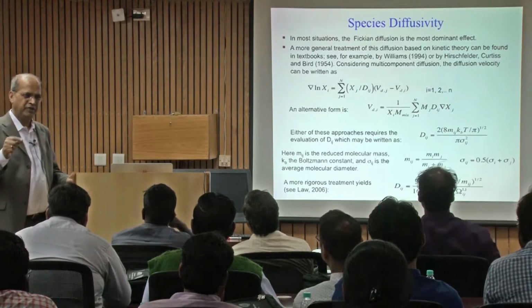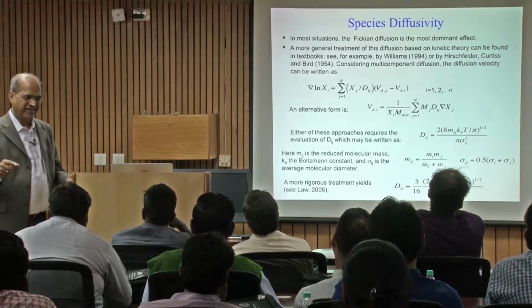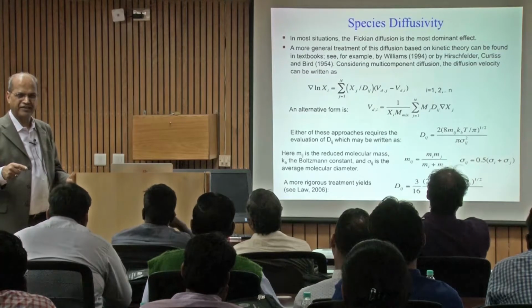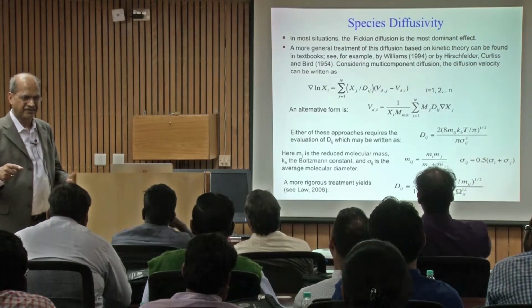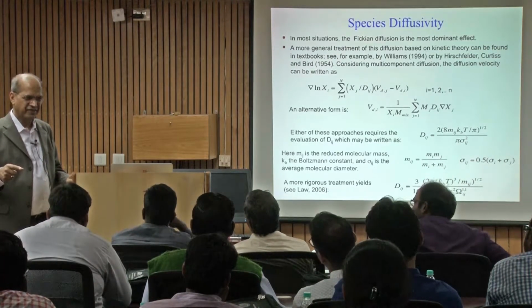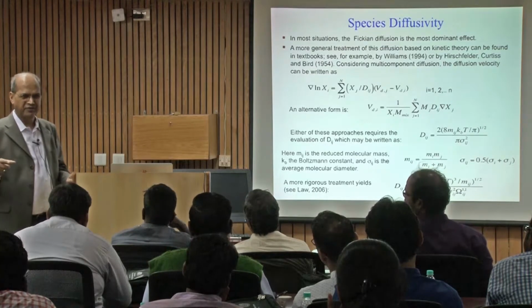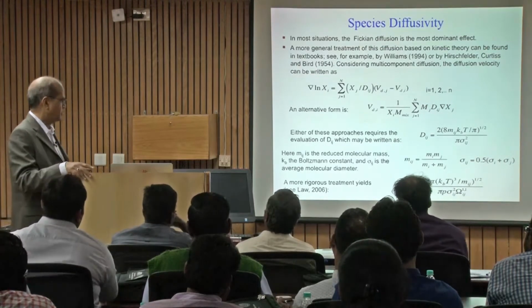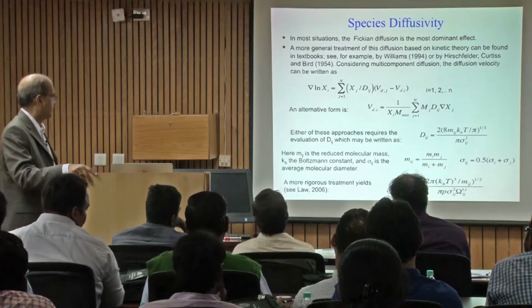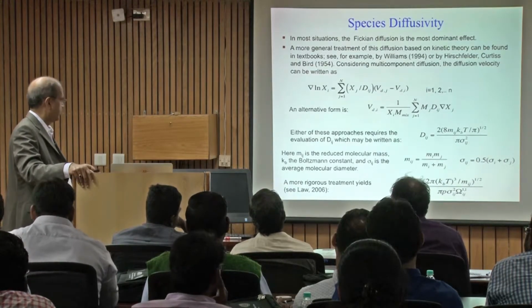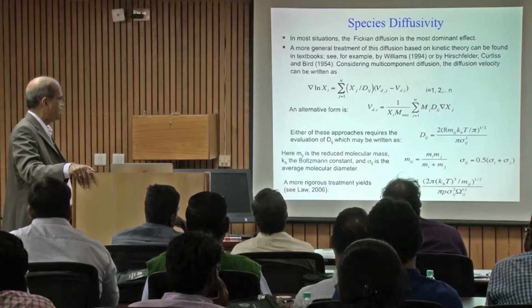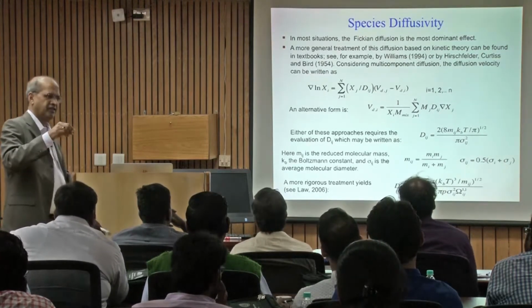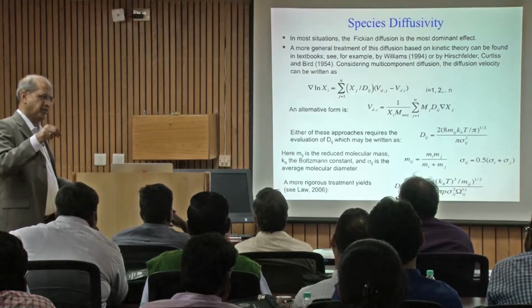So at every point you have to calculate 100 times 100, 10,000 values at every point in the flow. That becomes a huge calculation. So this D_ij is the multi-component diffusivity, the diffusivity of i with respect to j.